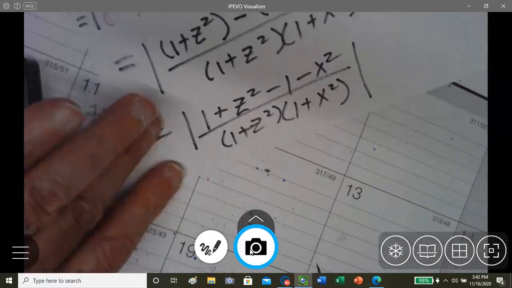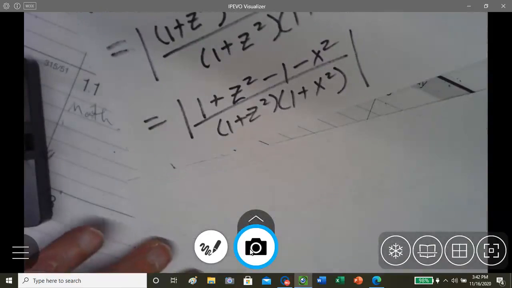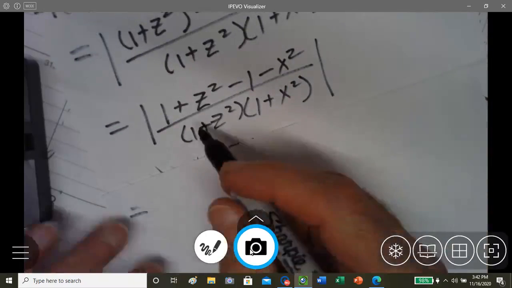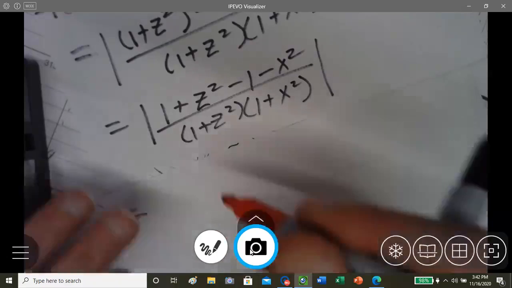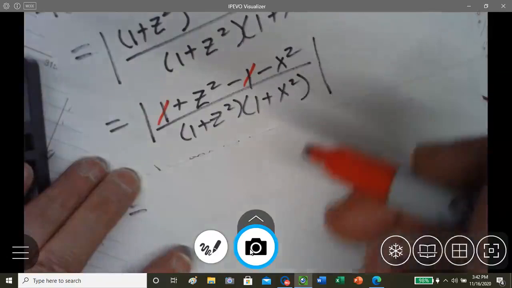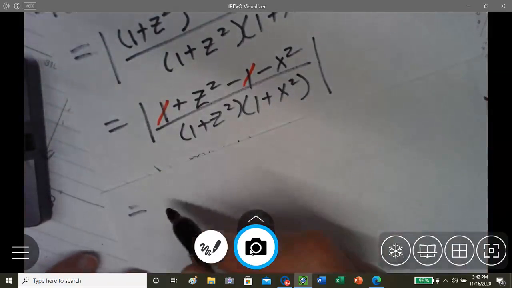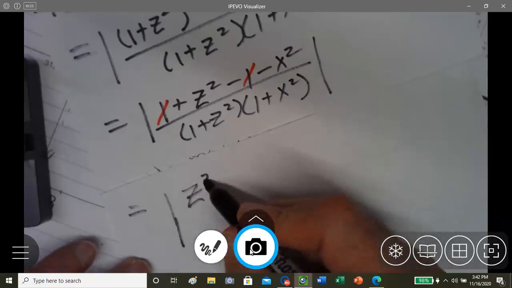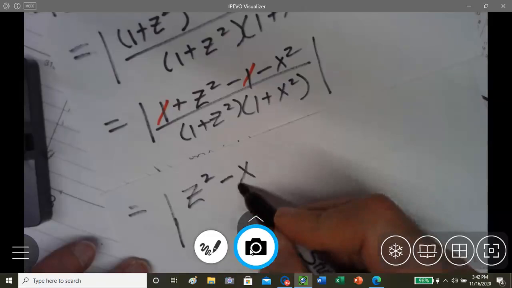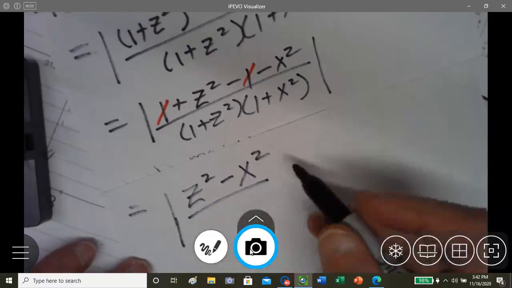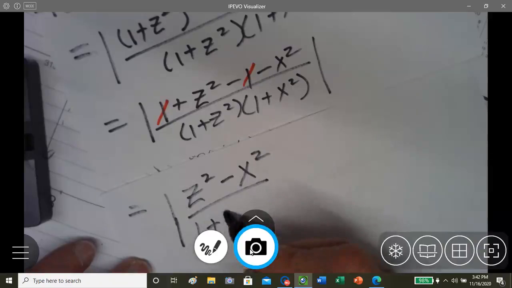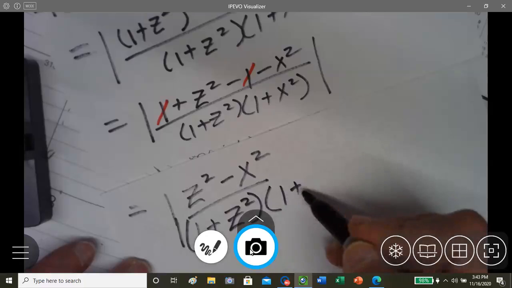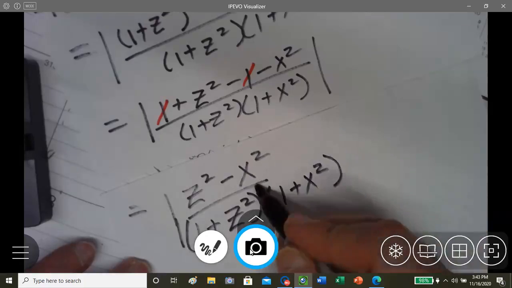The ones cancel, and they go to 0. And so we get z squared minus x squared all over 1 plus z squared times 1 plus x squared.